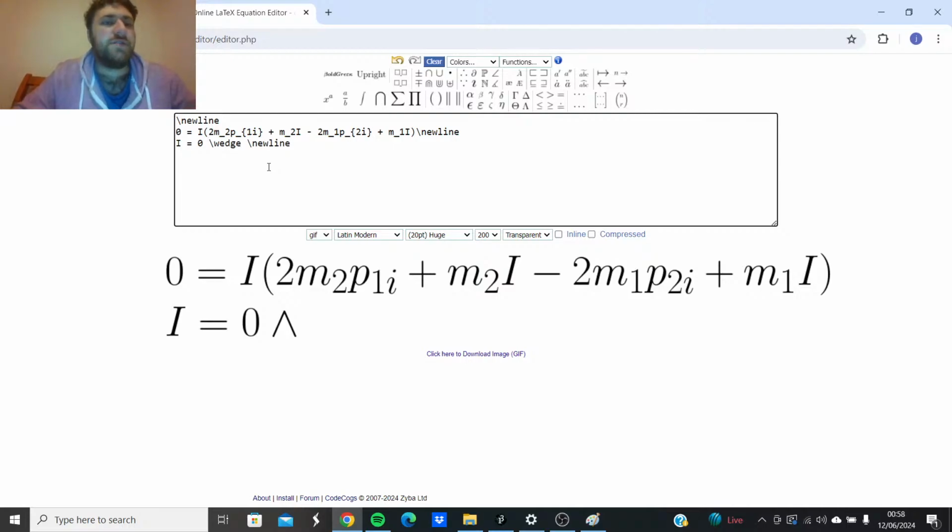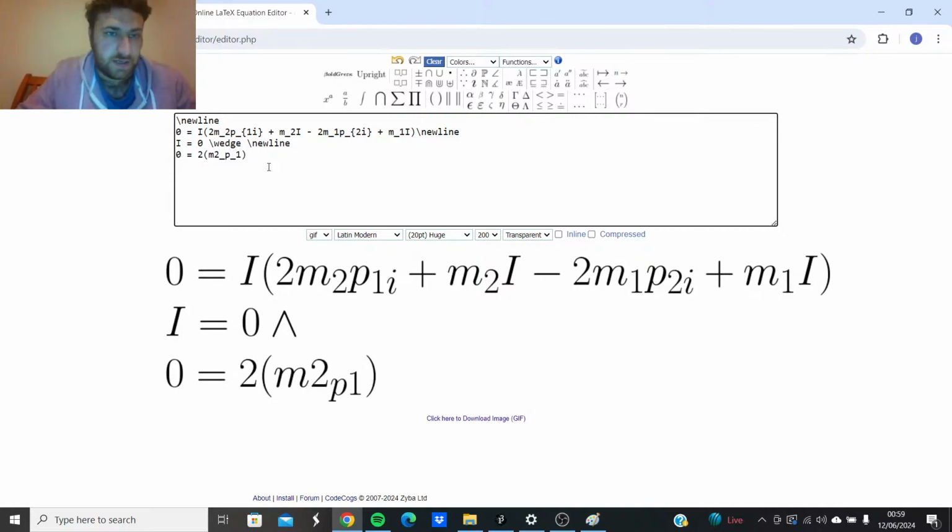So either I equals 0 or 0 equals 2m2 p1i plus m2.